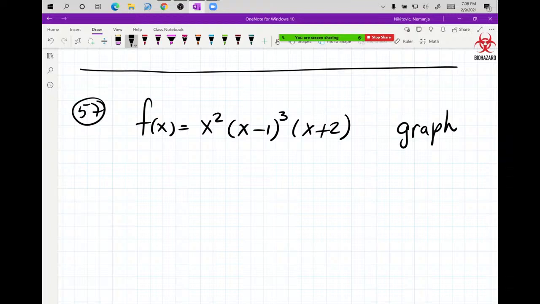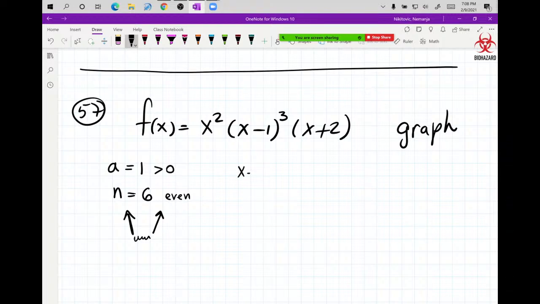So what is my A? Is it 1? 1. Good. So that's larger than 0. And what's my n, the order of the polynomial? 6. Even. So that will be the end behavior. And what are the roots?